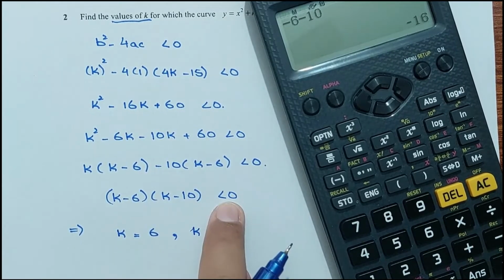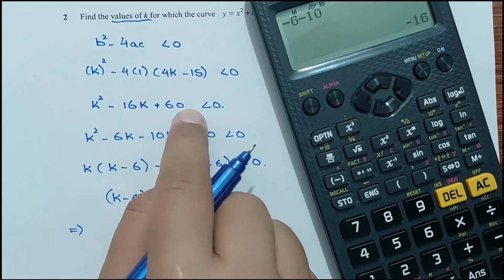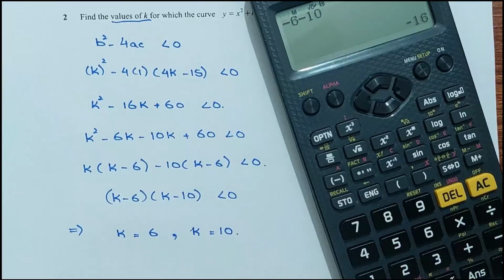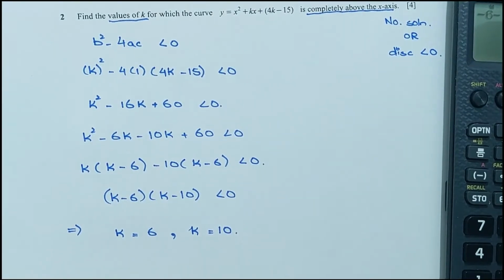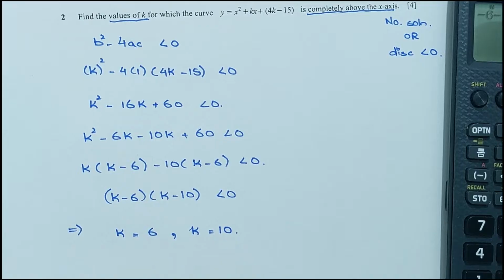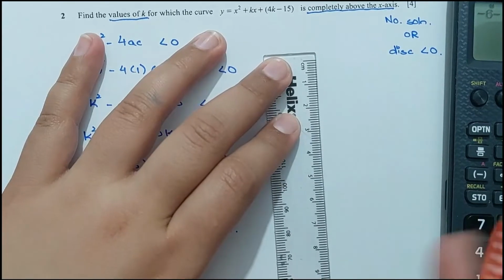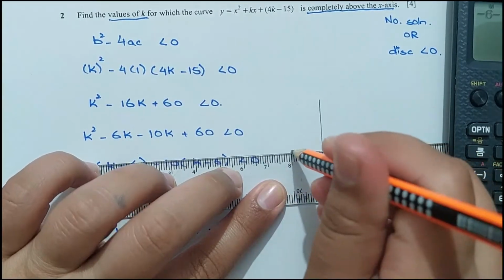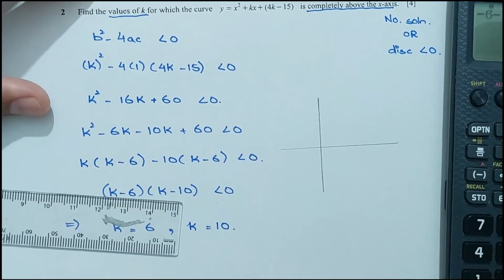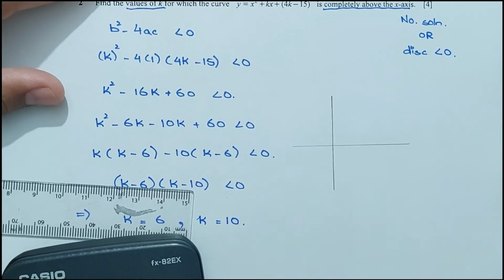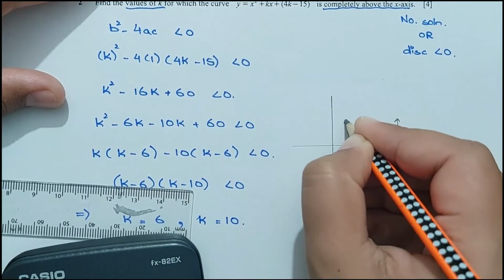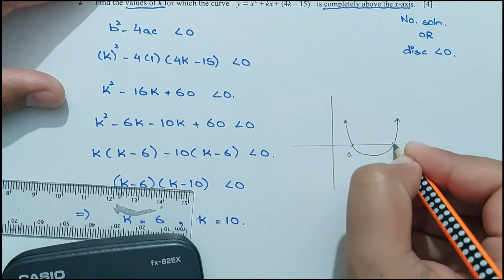It is a quadratic in the variable k, and the k square coefficient is positive, so the opening of the parabola is upward. Let me draw that parabola. The opening should be upward, and the roots are 6 and 10.